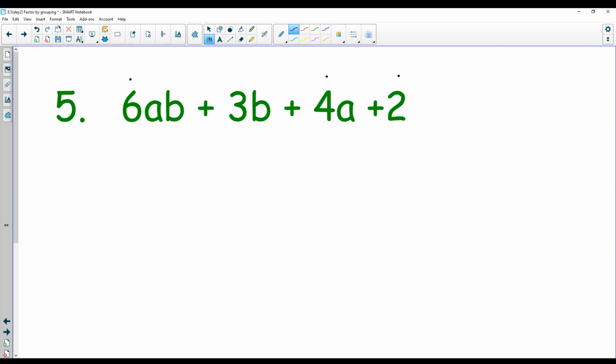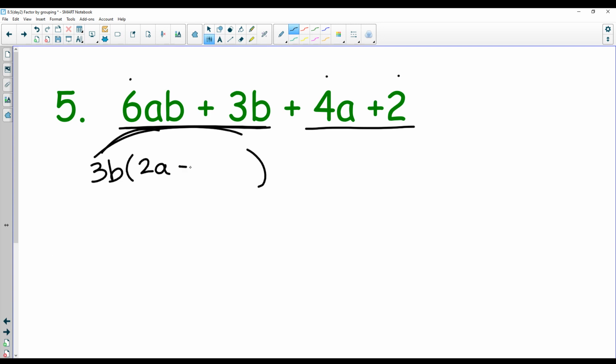We looked at it and we said, okay, if I can't use all of them, I will group them 2 and 2. Okay, so these two, remember you're thinking divide, what can you divide them by? We can divide both of those by a 3b. So I'm going to take a 3b out of both of those terms.